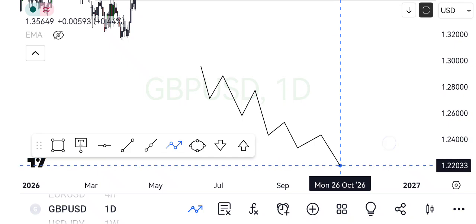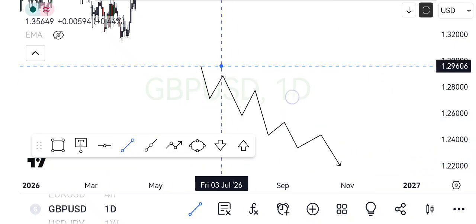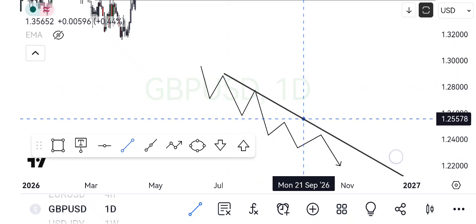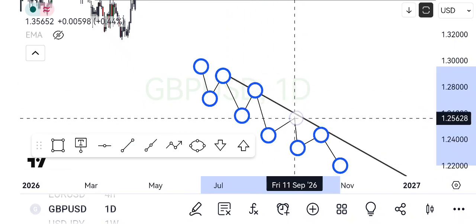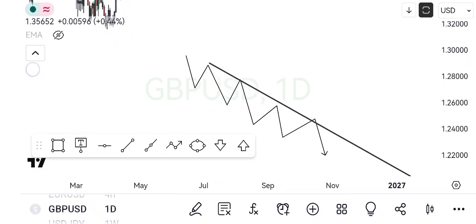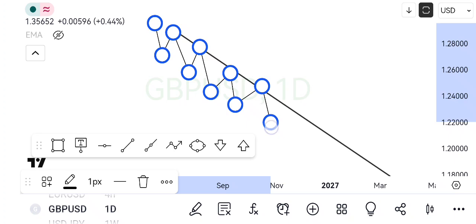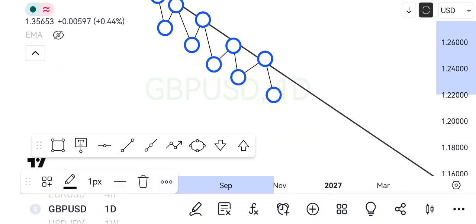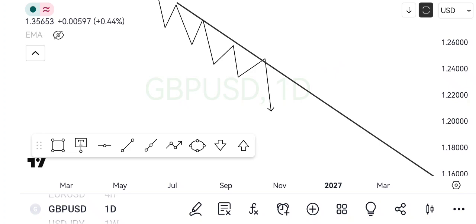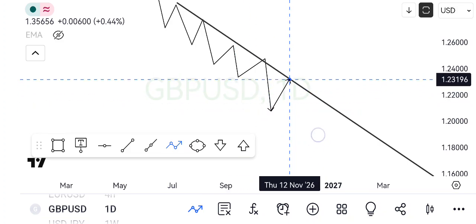Let's say the daily is coming down, and you have drawn your trend lines, your moving averages and everything, telling you that the price is going down. Now you are expecting a pullback so that you can enter. So now you have this beautiful pullback.